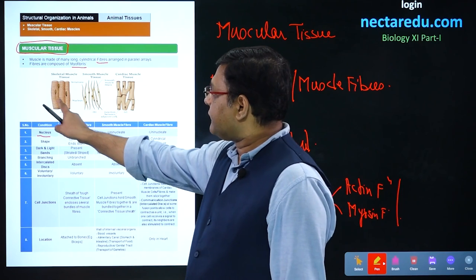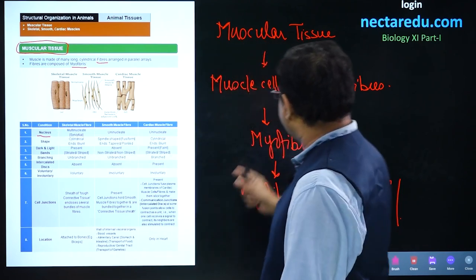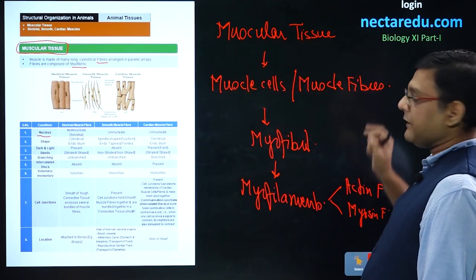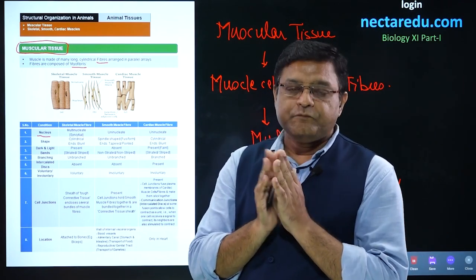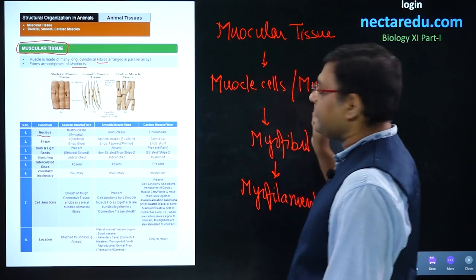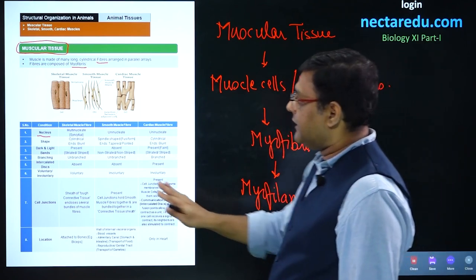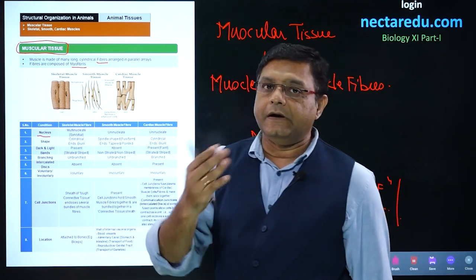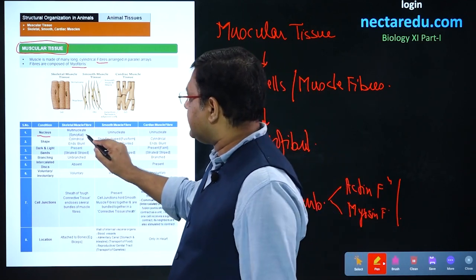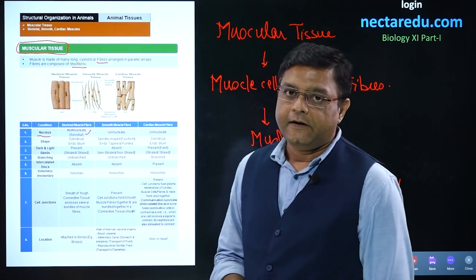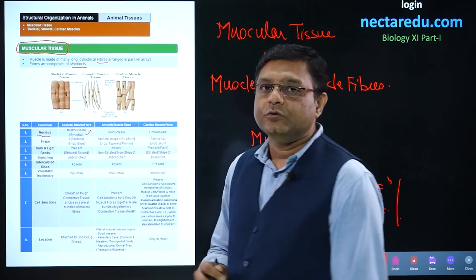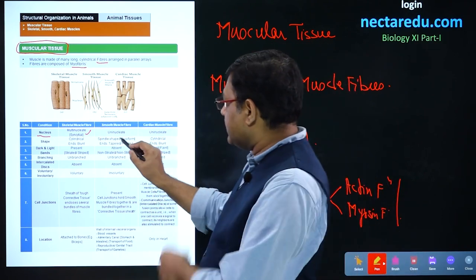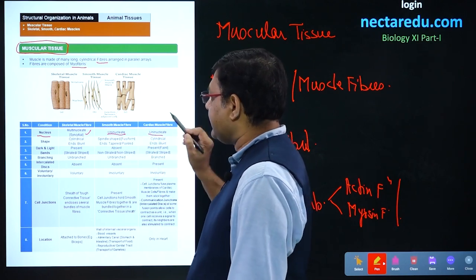Skeletal muscle is made of muscle fibers which fuse with each other. If the fibers fuse, the condition becomes multinucleate, or syncytial.